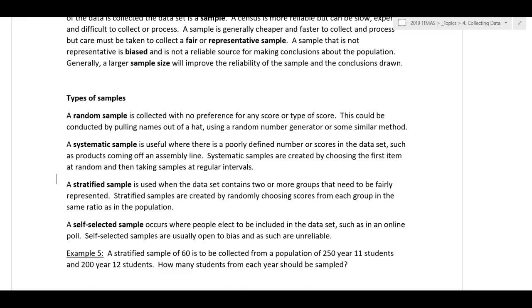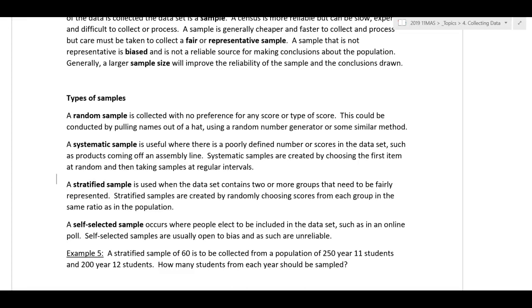And finally, our self-selected sample. This is an example of a bad sample. That is where people might choose to participate, right? If you do an online poll, you see these things on dodgy TV shows or something, where they say, 95% of respondents think that we should ban people who don't like Australia Day, something, I don't know.